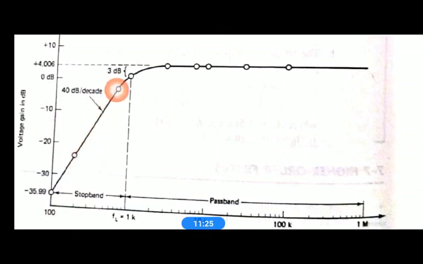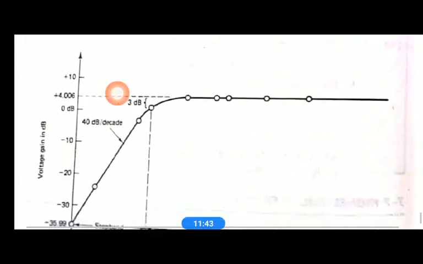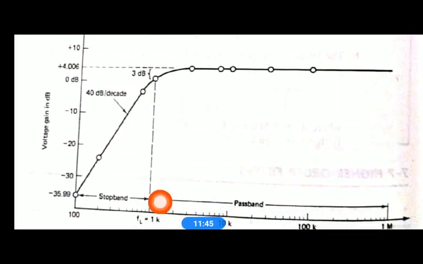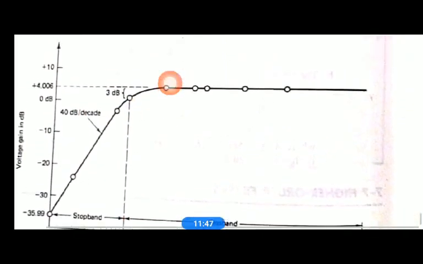Next we are making a point for 700. For 700 approximately you will get minus 3.124, and similarly for 1 kilohertz you will get approximately minus 3.